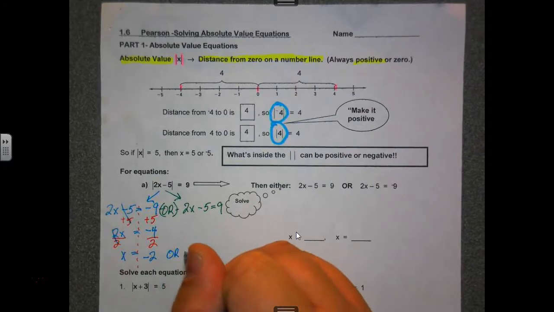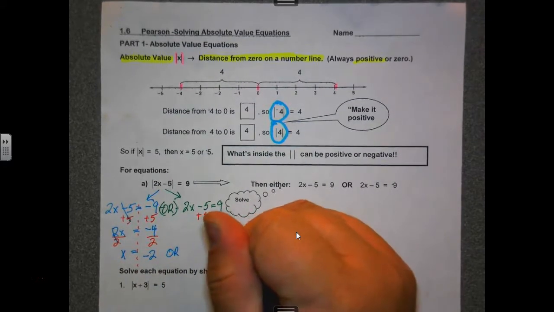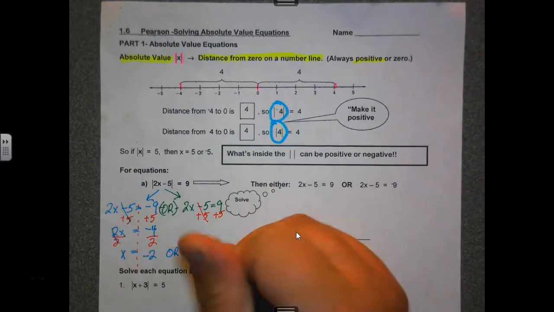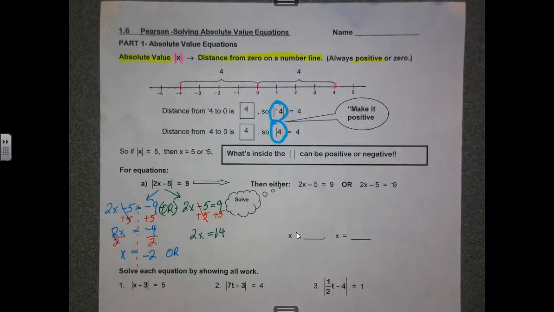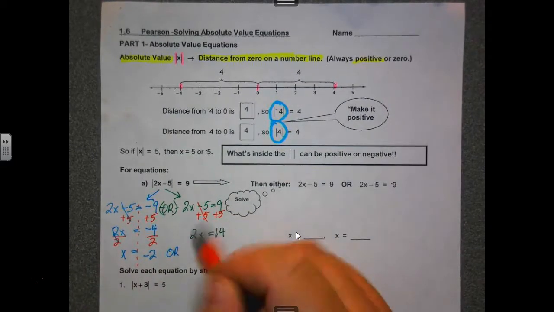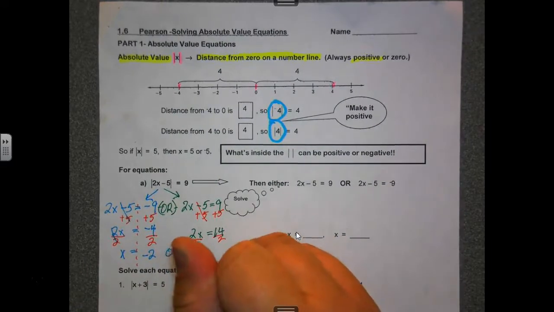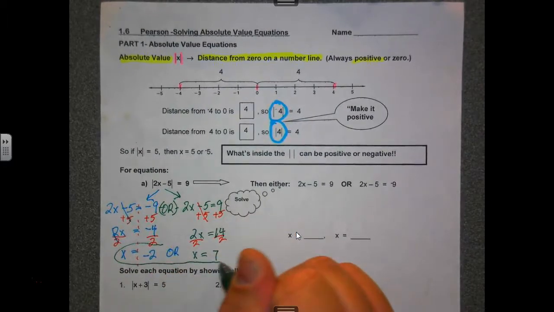Or go ahead and solve the other case. Add 5 to both sides. And I get 2x equals 14. Divide both sides by 2. I get x equals 7. So this is my answer.